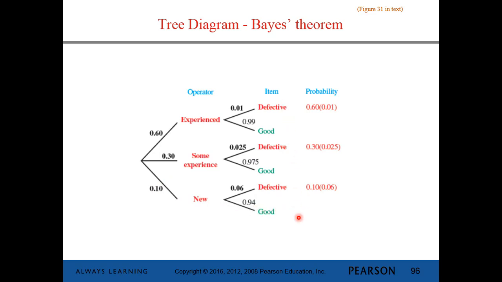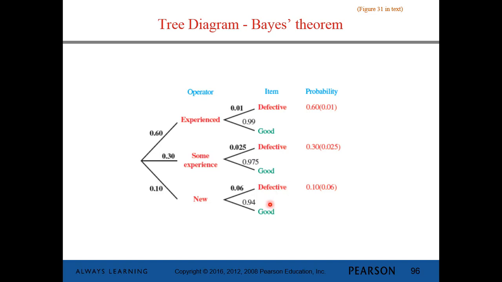But now, if I want the probability that the randomly selected person is new, given that the part was defective, if I selected a random part and I want to know what's the probability that the person who made this item is new, given that this piece is defective?